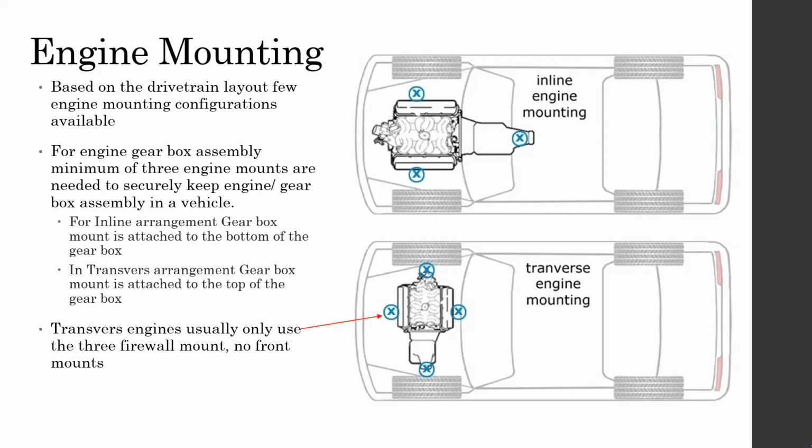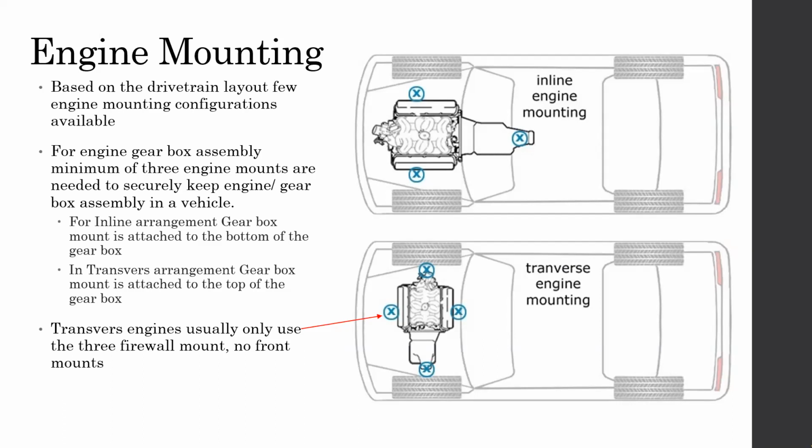Based on the engine drivetrain, there are a few layouts of engine mounts. All the components that come into contact with the engine and the body, all the drivetrain components, and even the suspension, are mounted to the body or the chassis through rubber joints.